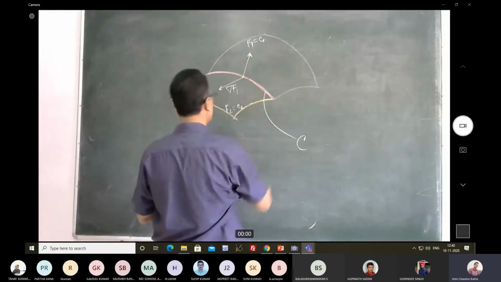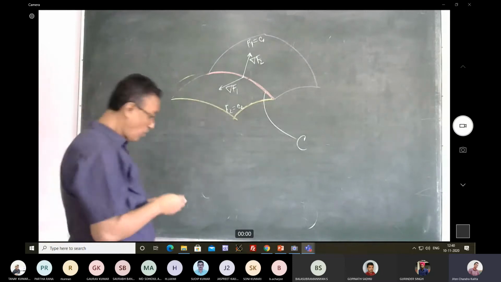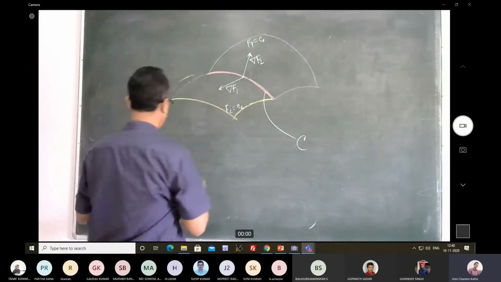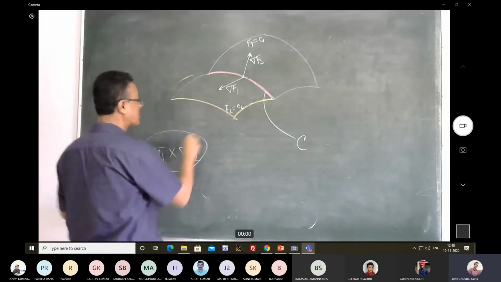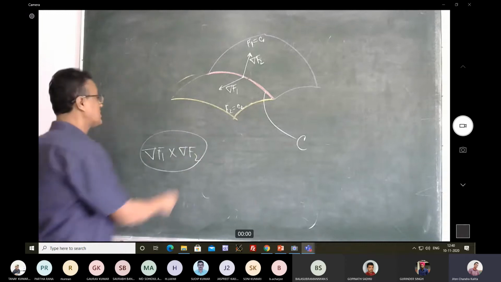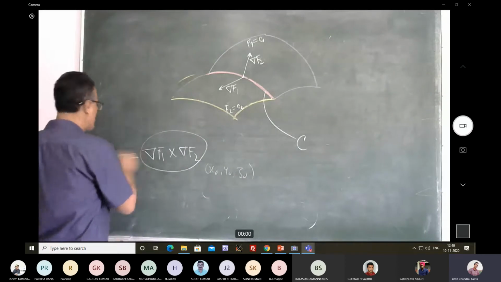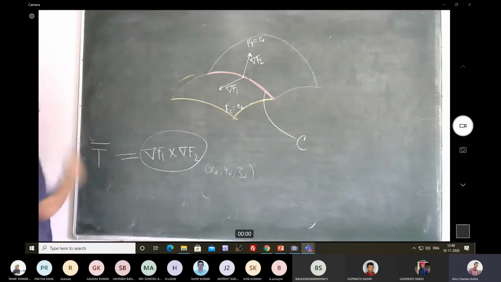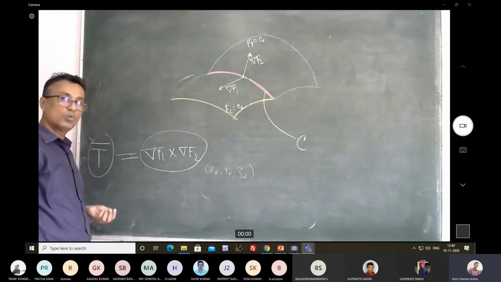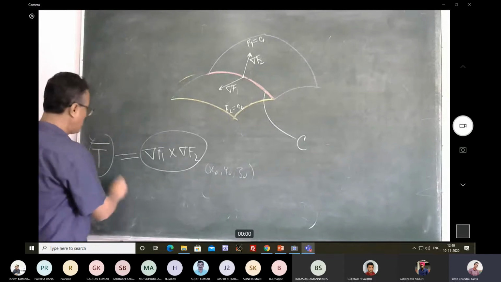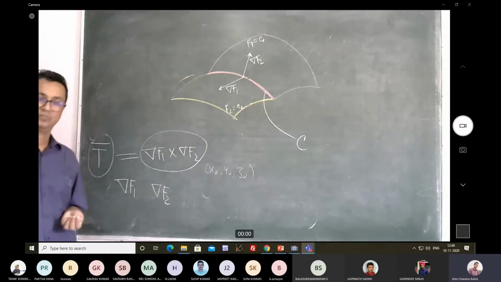Say this is grad f2. Now if I take the cross product of these two normals at the point (x0, y0, z0), this new vector, let me call it t bar, is going to be perpendicular to both grad f1 and grad f2, isn't it?